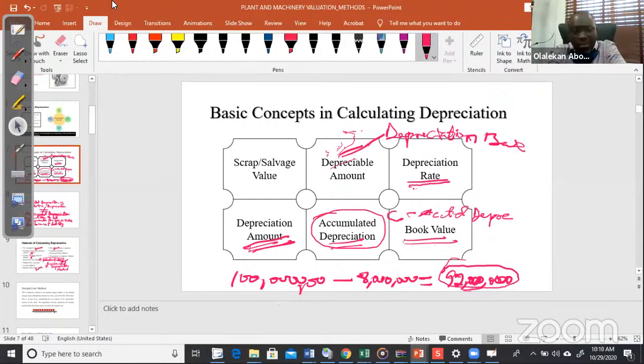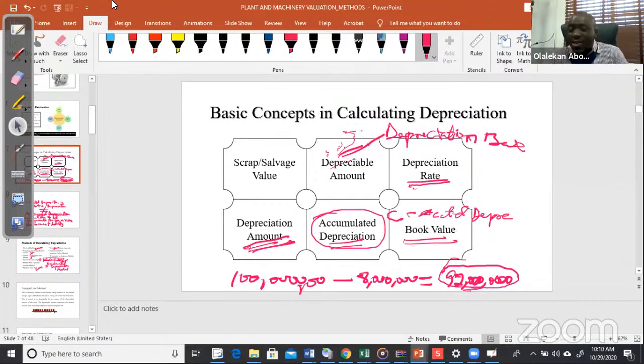Now, depreciable amounts. For example, like the luxurious bus I've given you, they bought a luxurious bus, let's say for 20 million for the purpose of argument. They feel that it's going to serve them for 10 years. That is the most useful life span of it.